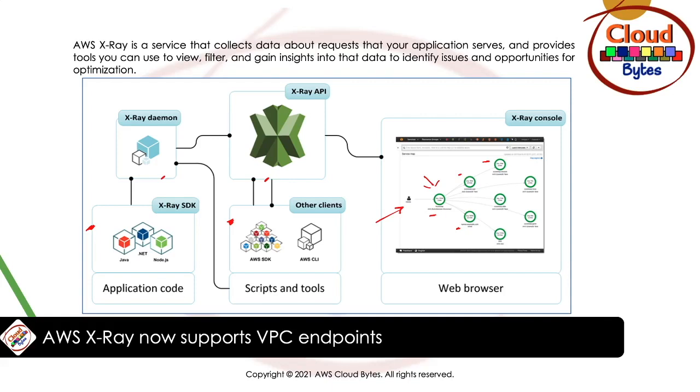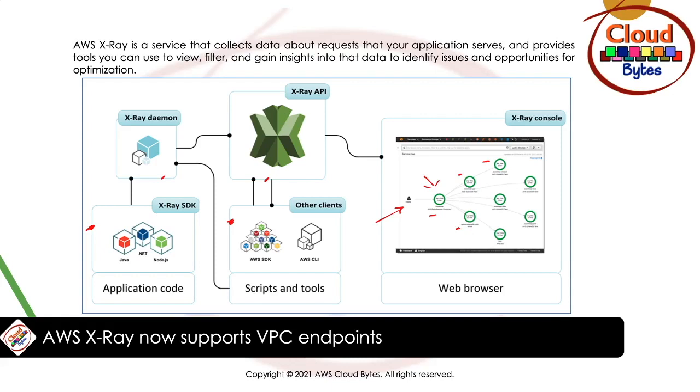When you launch your resources in AWS, you launch them in a VPC, a virtual network where you define what kind of network settings you want, what kind of IP ranges, how many subnets, what kind of route table, network gateways, etc. Anything that you think of for any resource that you want in that VPC, you define all those things. Then in order to connect your VPC to X-Ray, you define an interface VPC endpoint.